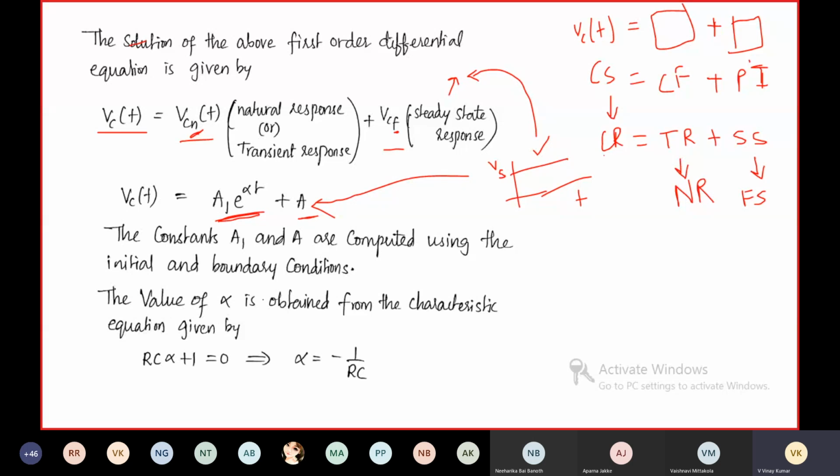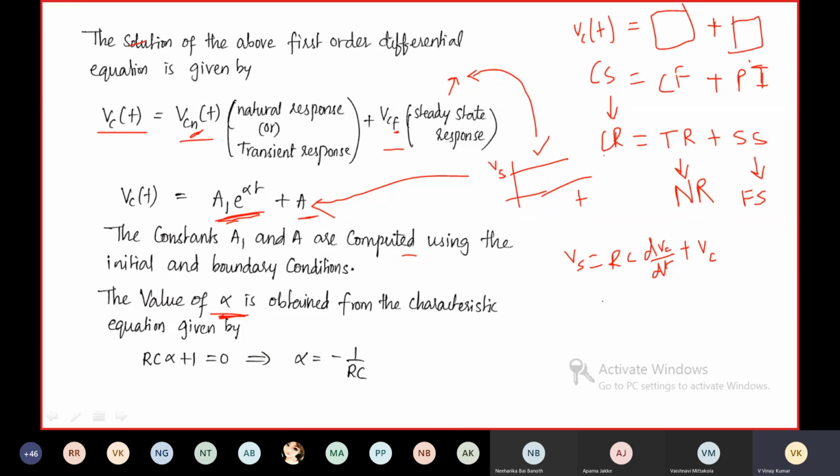From the characteristic equation, this alpha can be determined. We know, right, Vs is equal to RC dVc by dt plus Vc of t, right?